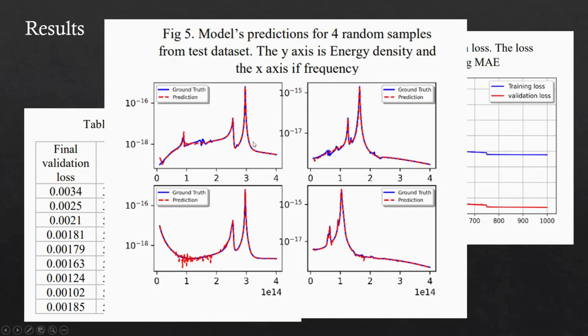But I saw that taking the absolute value of the output of the last layer was the best. So the problem was solved, and we can see that the model does not predict negative values here.